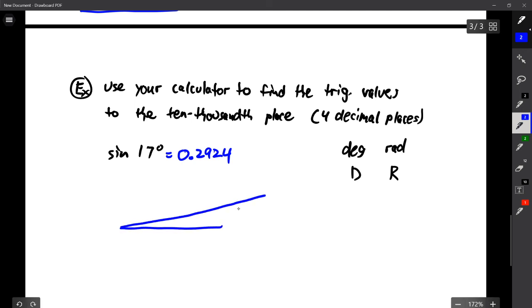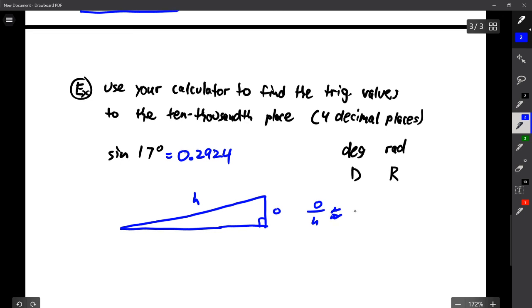Now, what this is saying, again, is that if you have a 17-degree angle, which is pretty small, the ratio of opposite to hypotenuse is approximately 0.29. So 0.33 is 1/3, right?